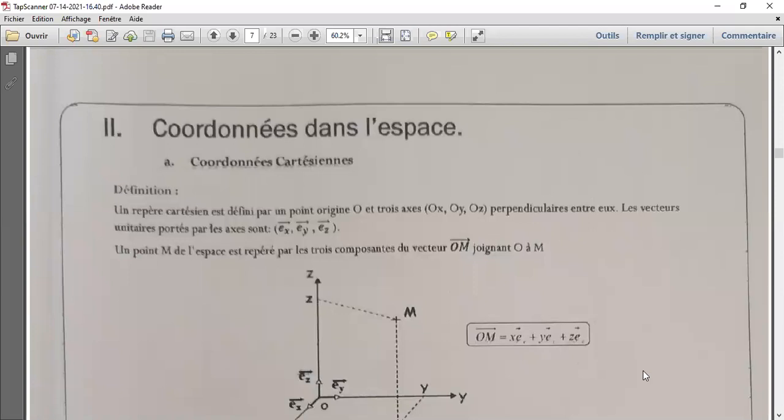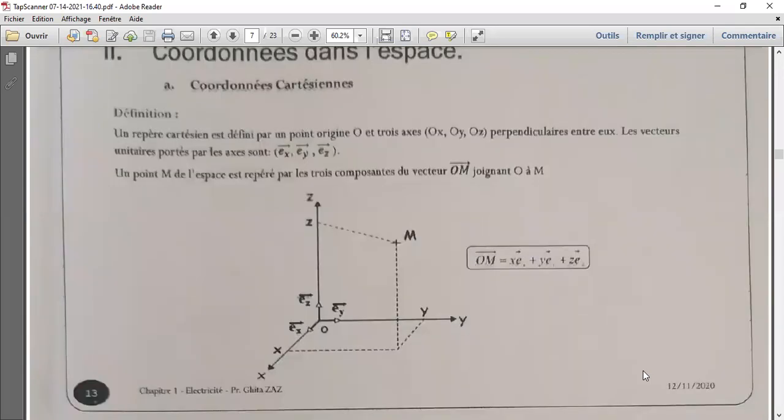You remember we talked about Cartesian coordinates, and we said that in the plane they are defined by x, y. We use x, y to find the position of M. Under coordinates in space, we just add z.